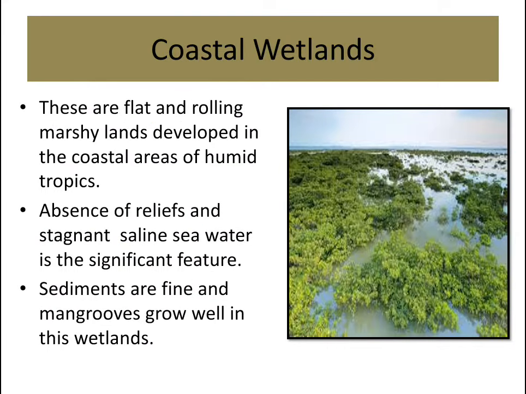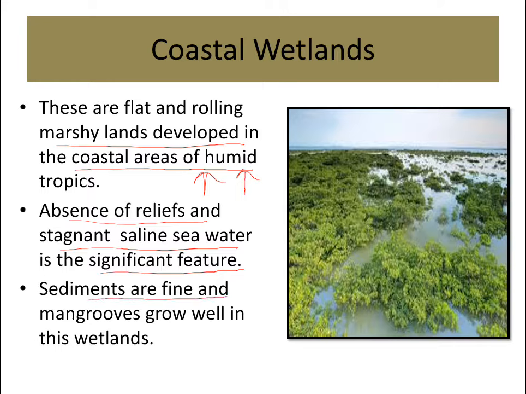Coastal wetlands are flat and rolling marshy lands developed in the coastal areas of the humid tropics. Wherever the rainfall is high as well as the temperature, in this humid tropical region, such marshy landforms develop because of deposition. In the coastal region there is an absence of relief, because beaches are absent here, and stagnant saline water is a significant feature of these coastal wetlands.